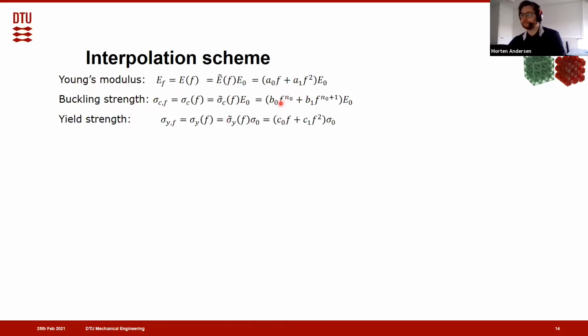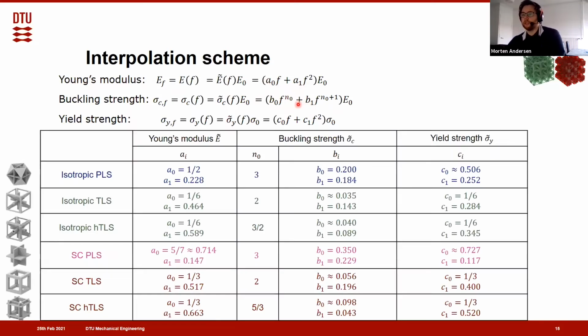So if we set the coefficients of the microstructures up in a table, we see here that the plate lattices for stiffness have a higher coefficient compared to the truss lattices. So they are stiffness superior compared to the truss lattices. However, if we go to the buckling strength, we see here that the exponent, the N0 on the buckling, is higher for the plate lattices, meaning that they have worse performance at low volume fraction.